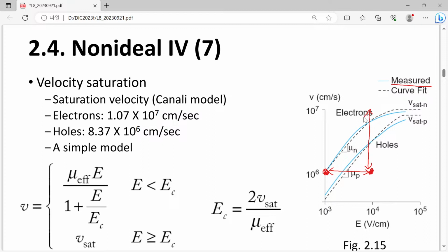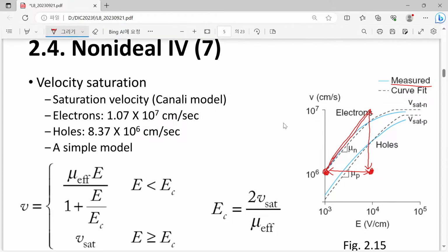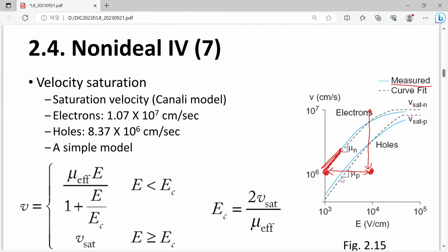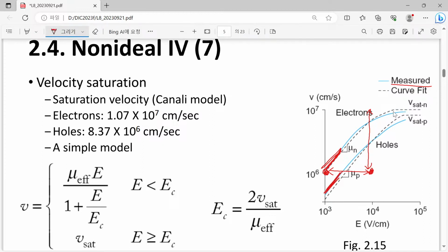So if we draw this line, it suggests that there exists a linear dependence between velocity and electric field. Then what is your opinion? Is it good to have a linear relationship? Yes, you can see this slope and this slope really correspond to a linear relationship. However, if we go to high electric field, it shows a much degraded one.